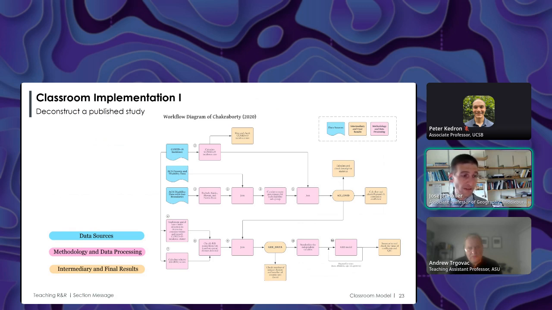Or if you're finding it more challenging than you anticipated, you can peel off some of those sub-goals or intermediary results as a sub-goal for students to focus on rather than doing the entire thing in one semester.